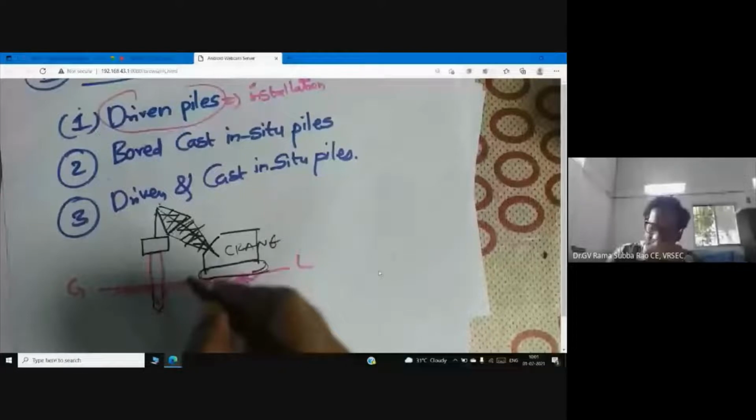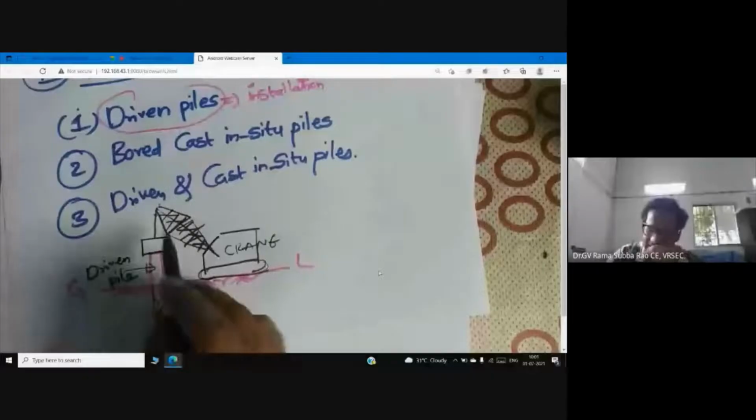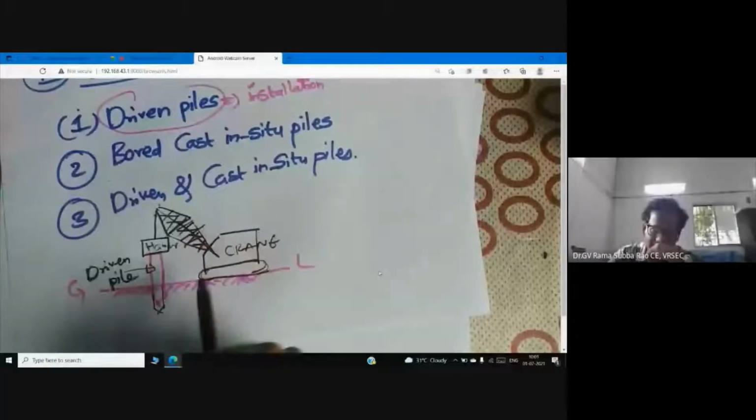This is the driven pile. Installation of driven pile. You can see here, this is the pile. It is installed by applying this dynamic energy. This is the hammer. With the hammer, the pile is inserted into the ground, so it penetrates into the ground. So this is a driven pile.